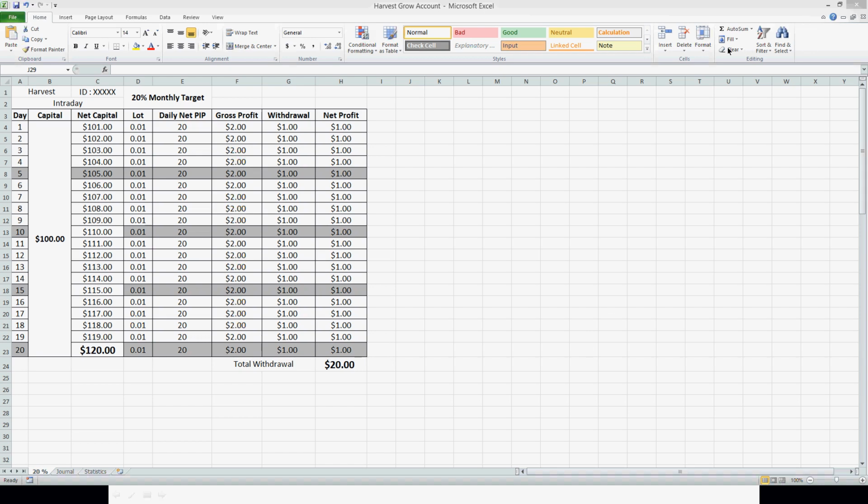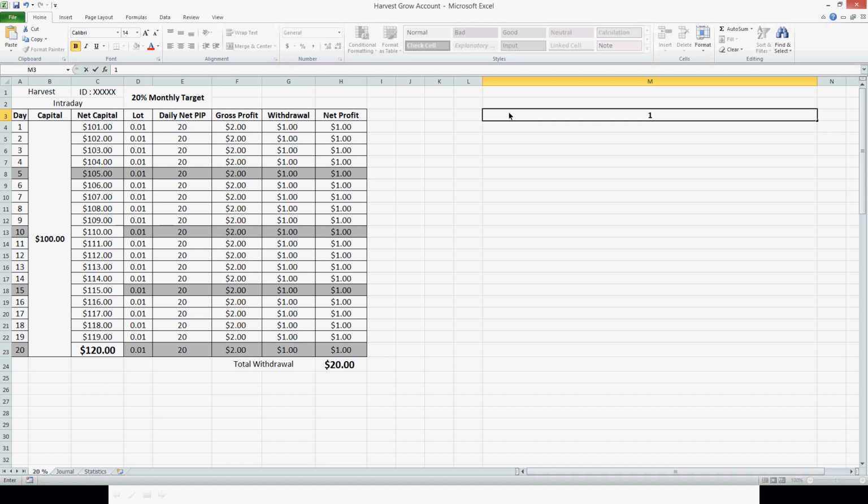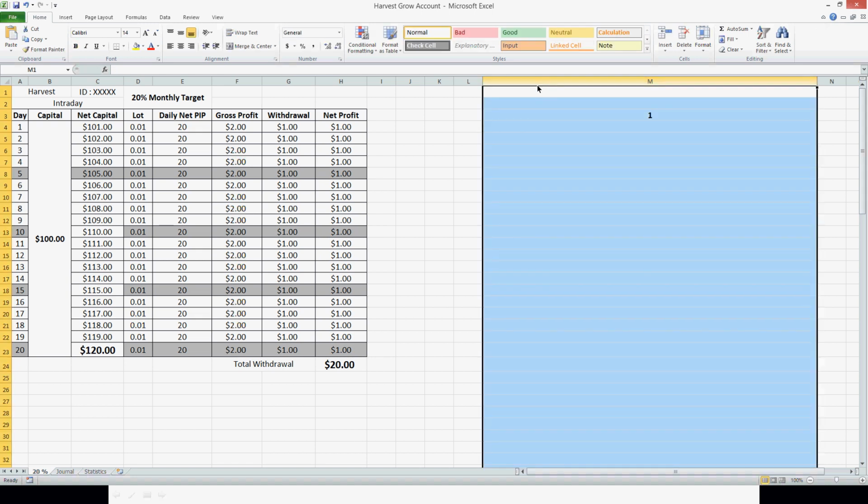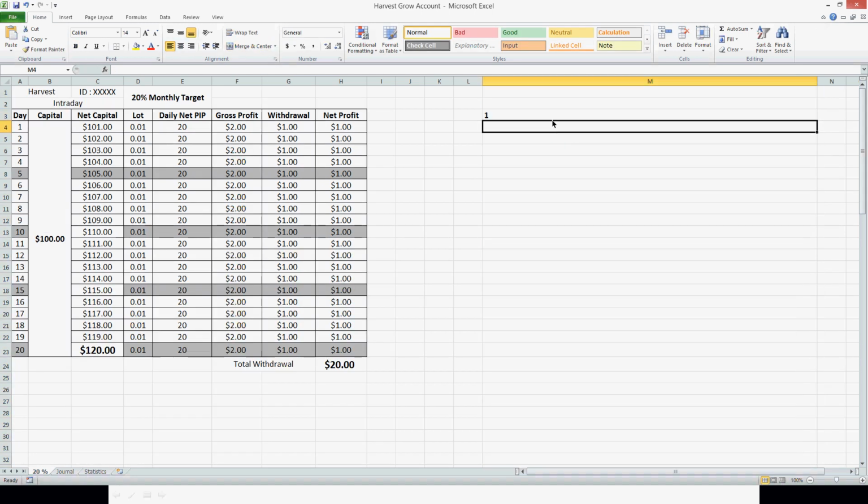Okay, I'm just sharing my own grow account. This is how I usually grow my account. So for example, let's just say that you start your account with $100 account. So the first thing that you need to know is that you have to identify, hang on, I will just write it in for you guys.